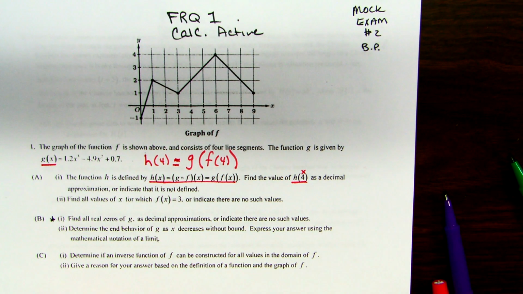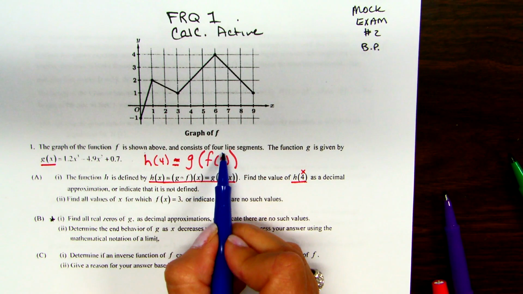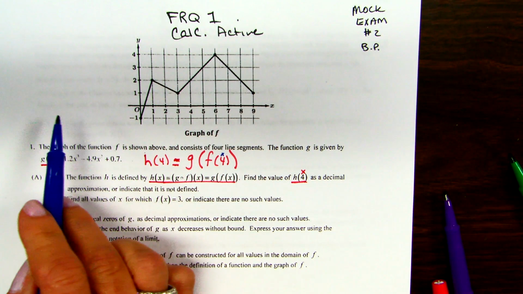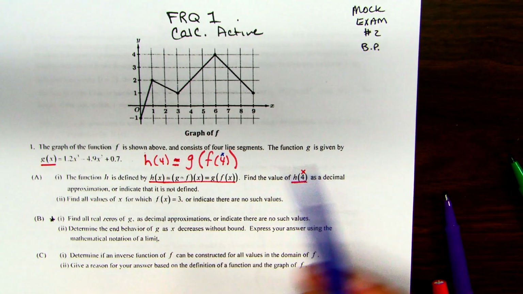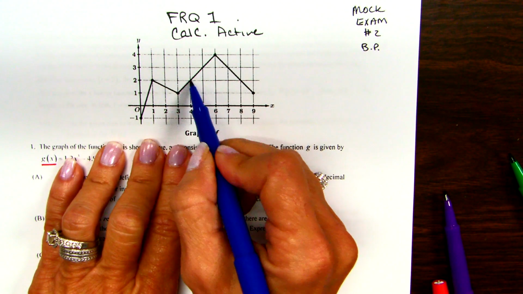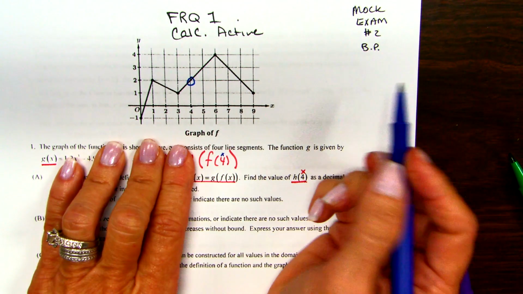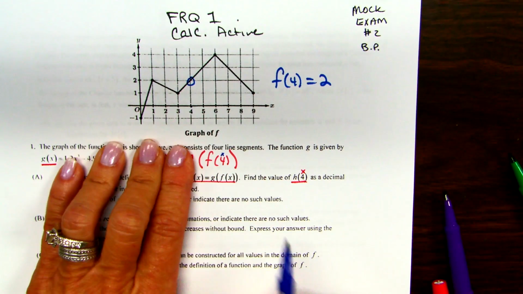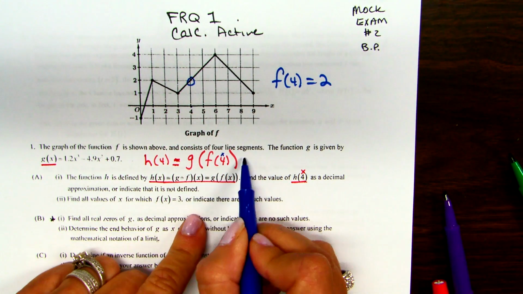And so you're saying, okay, when x is 4 on the f function, what is y? So f of 4, so here's 4, y would be 2, right? F of 4 is 2. So I'm going to replace that with 2.